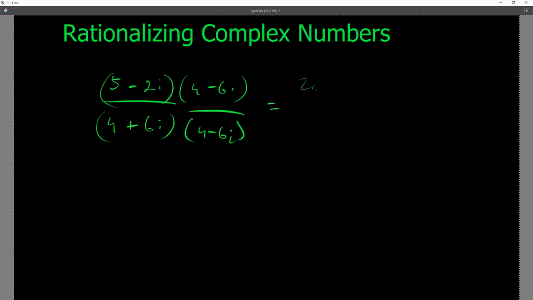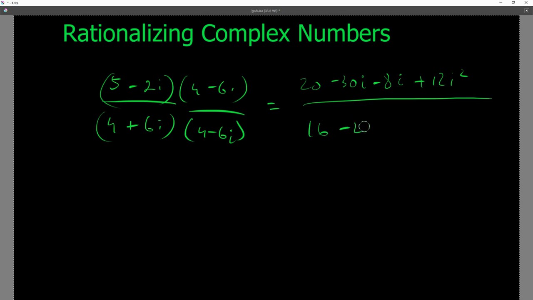So on top I have 20 minus 30i minus 8i plus 12i squared. In the bottom I have 16 minus 24i plus 24i minus 36i squared.